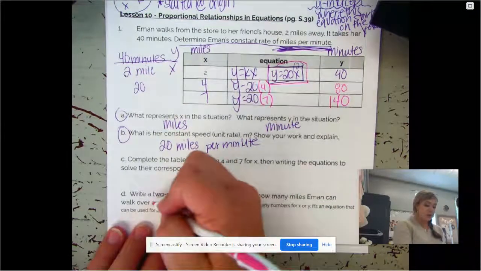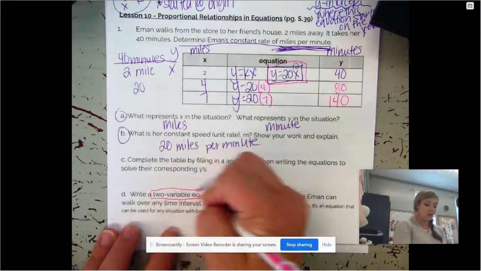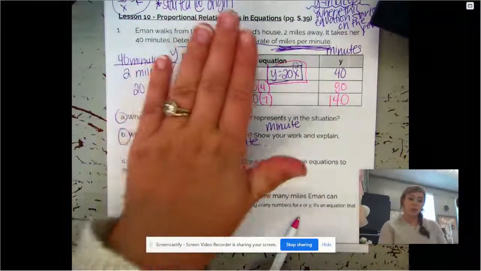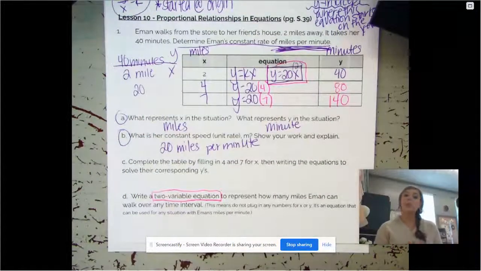So when we ask for a 2-variable equation, in this lesson and our next upcoming lessons, you're going to be plugging in a whole lot of numbers. If we ask you to plug in x and y and things like that, fine. But if we just want a 2-variable equation, we want the equation for any situation when we're talking with Eamon and his miles and minutes. So in this case, the only number you should be plugging in is the constant rate.